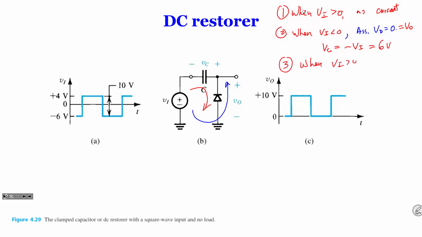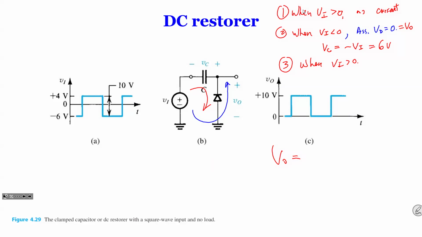when VI is positive, see what happens. Now VI turns back to positive. Do you have current? No current, right? So no current, but let me draw the equivalent circuit for you.